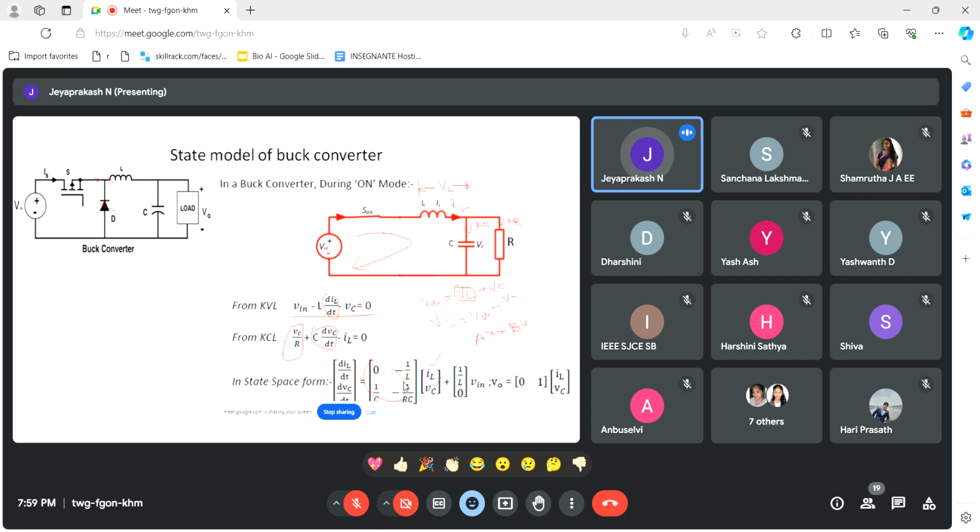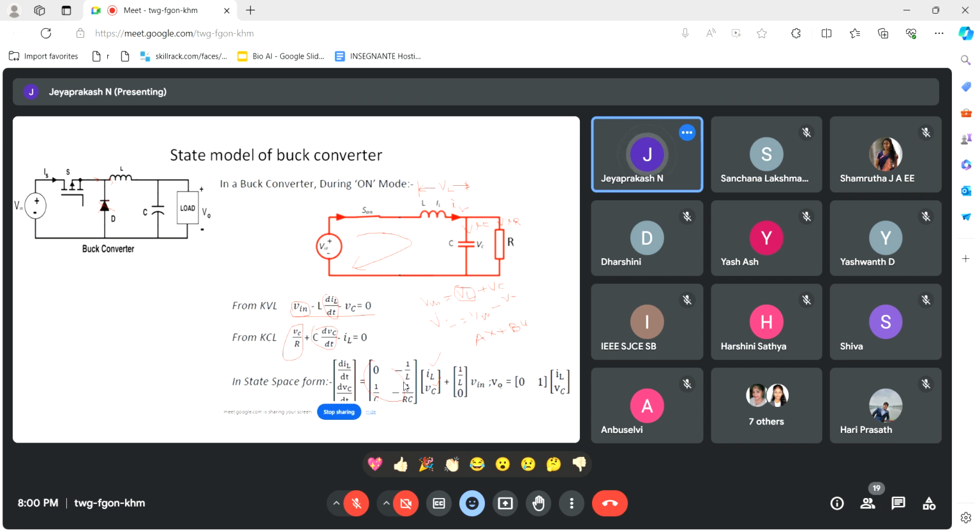In these two equations we have only one input, which is Vin. So in the first equation I am writing 1 by L. In the second equation we do not have any input term, so I am putting 0. So 1 by L, 0, times Vin.